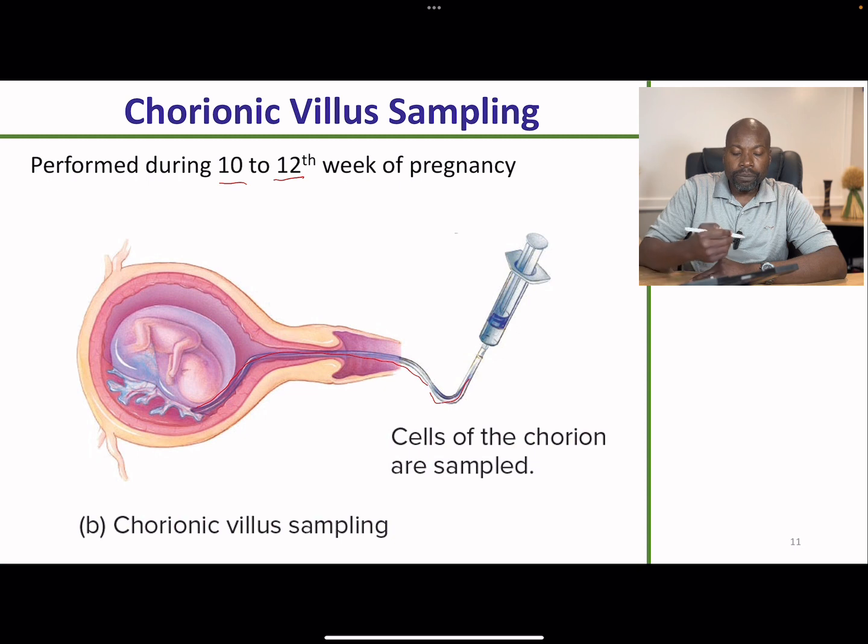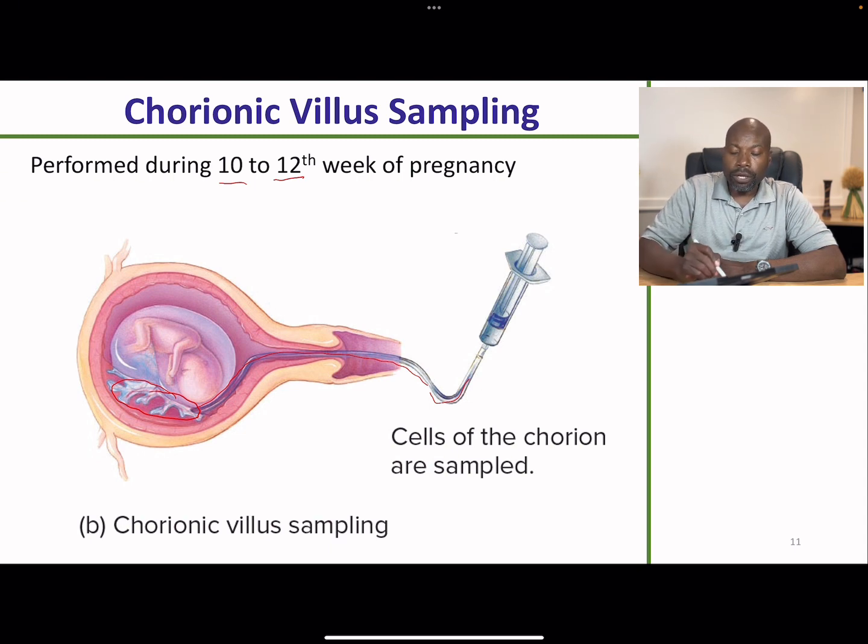And obviously, the fetus is much younger. Because of the area, which is the chorion, where the sampling is done, this causes a major disturbance. As a matter of fact, the CVS technology has higher chances for miscarriage compared to amniocentesis, right?